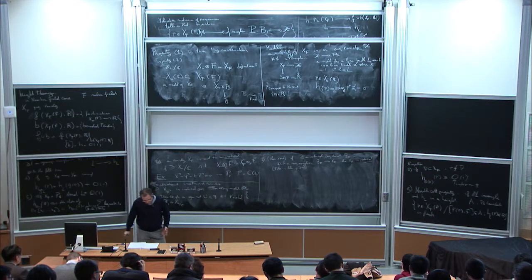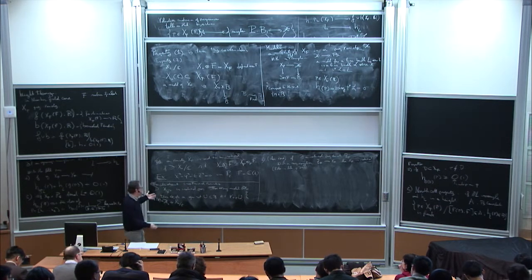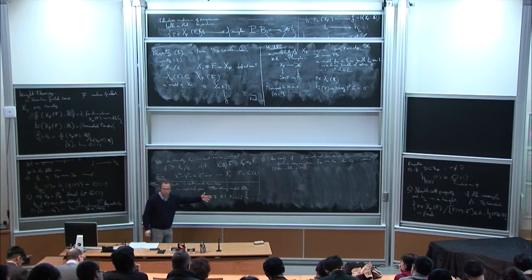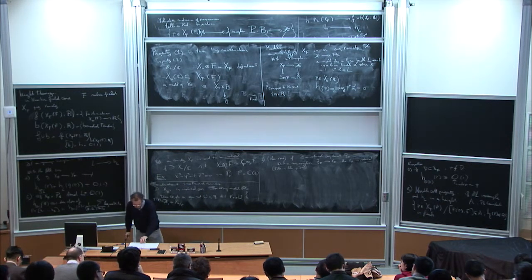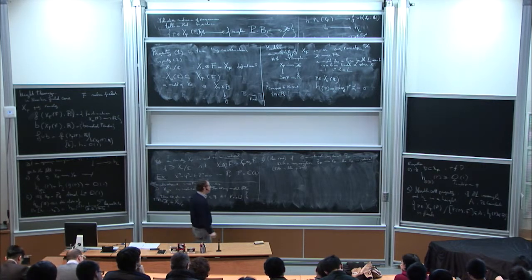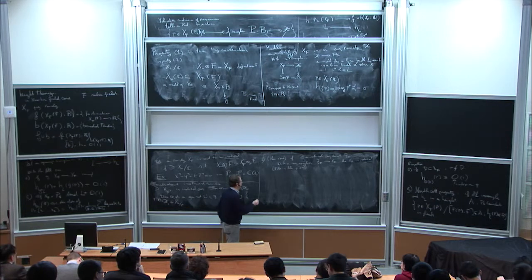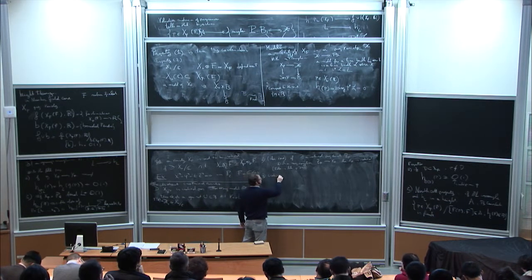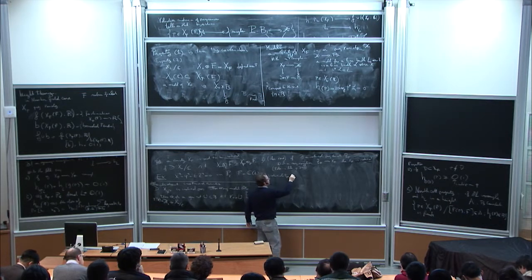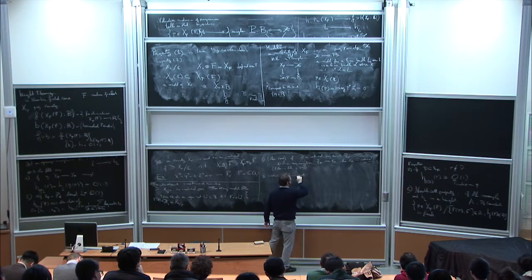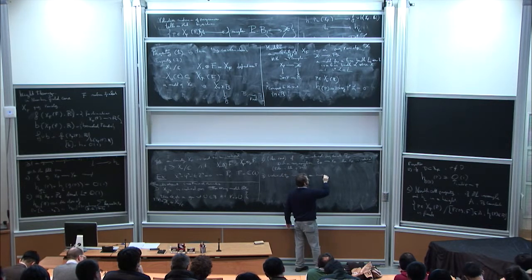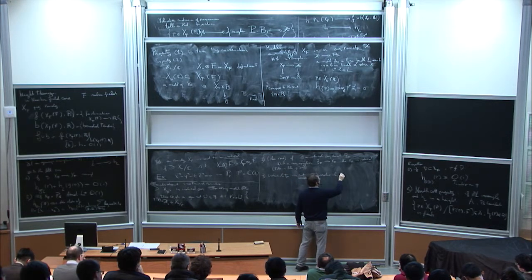So these are something which says what isotriviality means. Isotriviality means do not deform. And one important thing is that isotriviality is not a birational property.